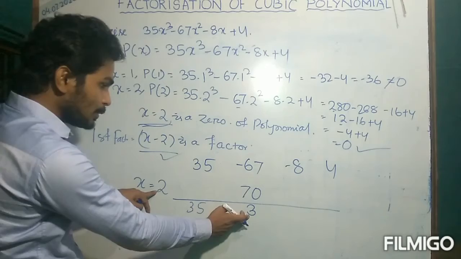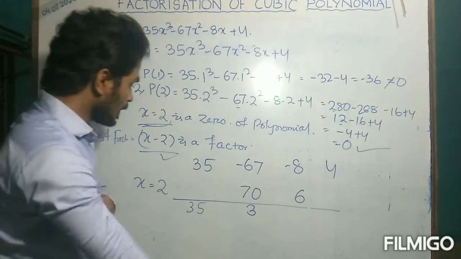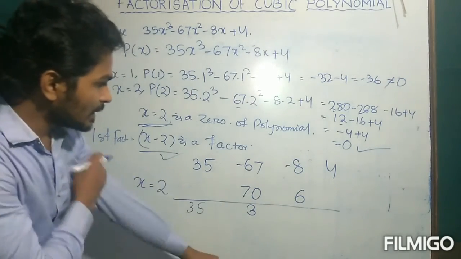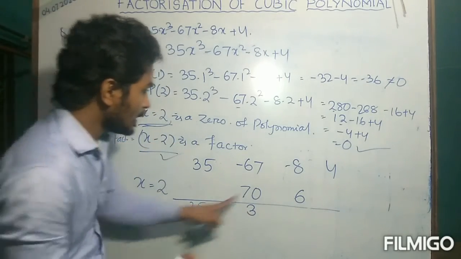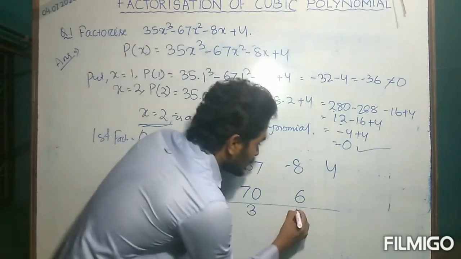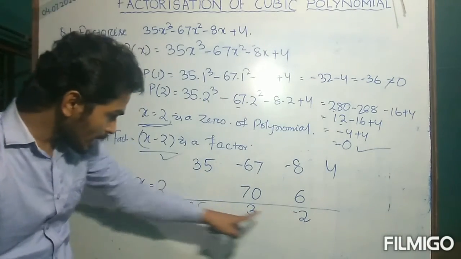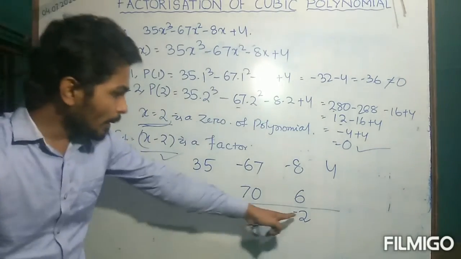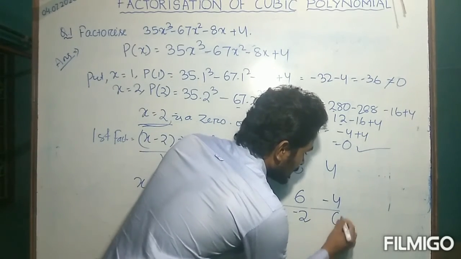Now 3 is multiplied with 2. 3 times 2 is 6. So now you get minus 8 plus 6, which is minus 2. Now this minus 2 is again multiplied with 2. So minus 2 into 2 is minus 4, and after addition it gives 0.